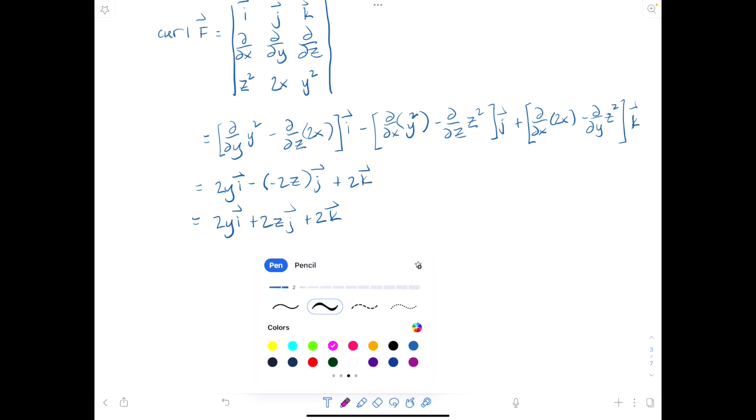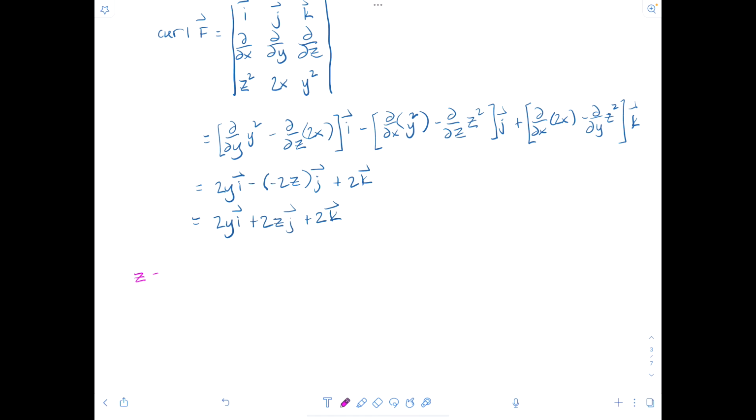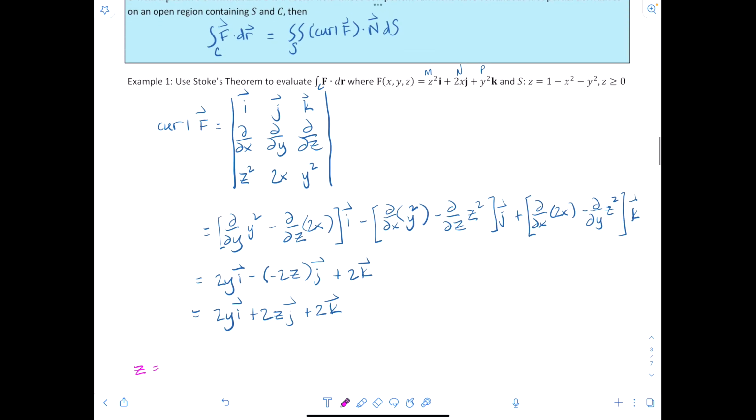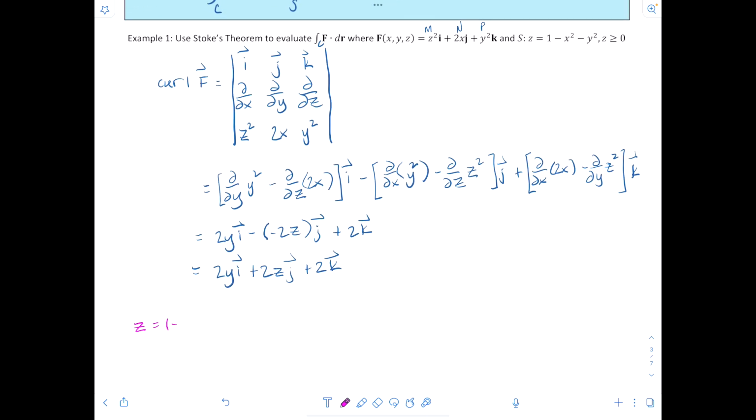All right, so that's kind of part one. Now z was equal to, this was from our oriented surface, 1 minus x squared minus y squared, right? So let's rename that as capital G of x and y is equal to 1 minus x squared minus y squared.